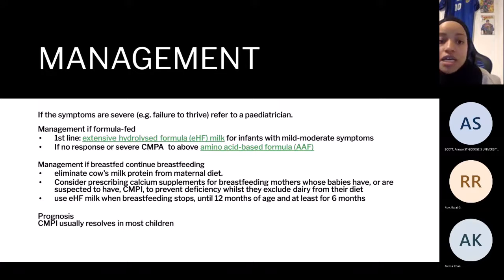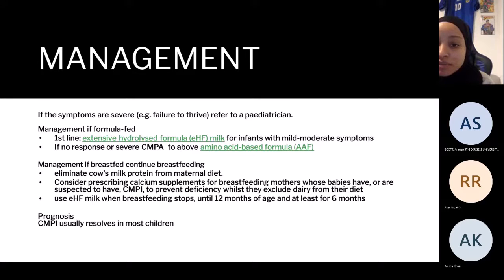It's quite rare though, so we'll go through the management for both. If it's formula fed, first line we go for extensively hydrolyzed formula milk. If there's no response, then we try the amino acid based formula. If there's any failure to thrive, that's when we refer to pediatricians. With breastfed babies, you try to get the mother to eliminate cow's milk protein from her diet.